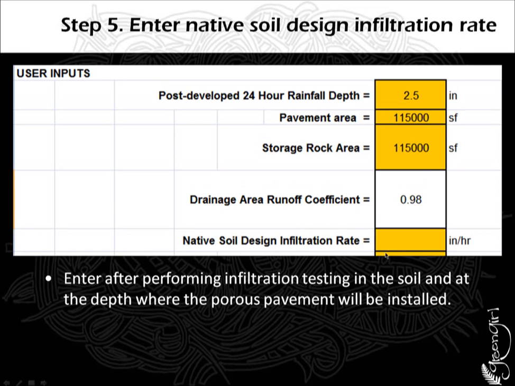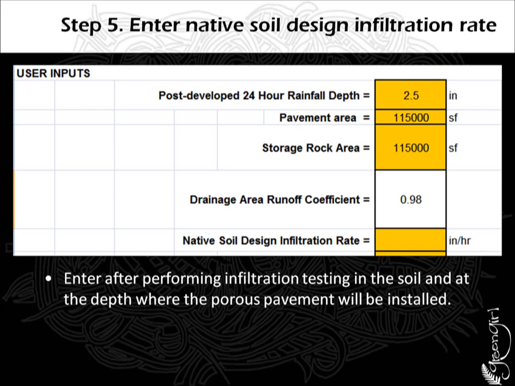Native soil design infiltration rate. So you only want to enter a number in here when you have tested your soil. And I have a whole bunch of information about testing your native soil, and we can just go over that really briefly. There's information in here.